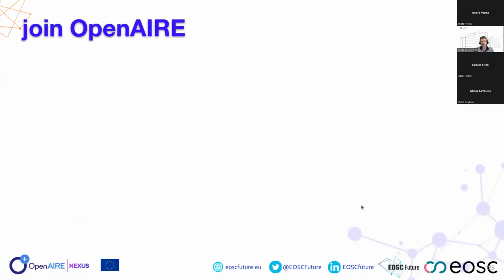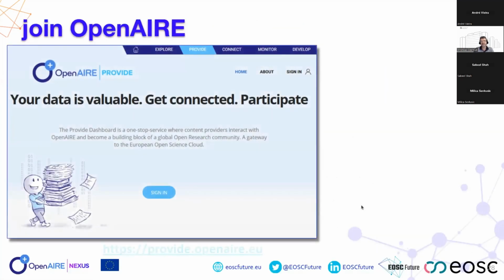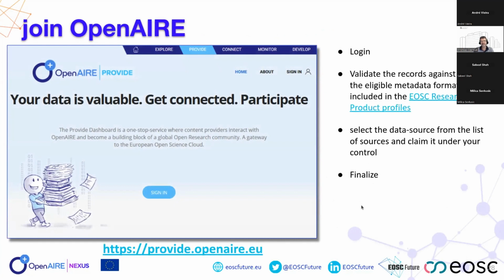So to join OpenAIRE, I think you are mostly familiar with this, you go through the provide.openaire.eu website, and on this you have full control of your data source and endpoints and aggregation from your endpoints, and additional services that will also be shown by my colleague Dimitris afterwards.